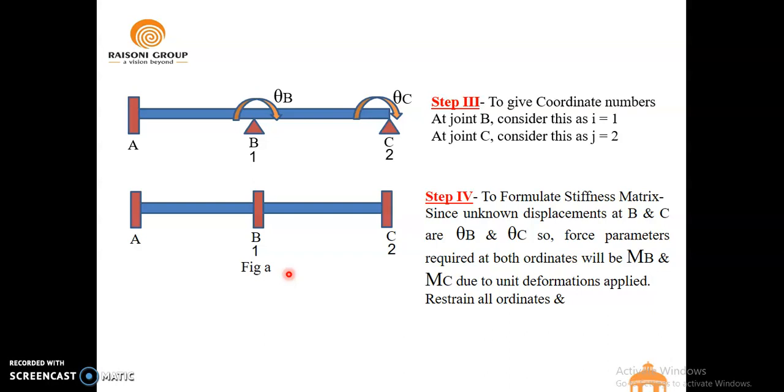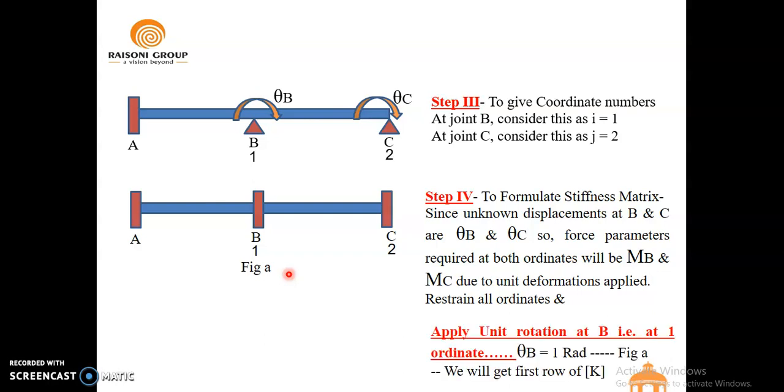Now restrain all the joints as said earlier and apply a unit rotation at joint B, that is, at ordinate 1, where theta B is equal to 1. So our structure will rotate like this. We have assumed the unknown displacement in the clockwise direction. If we get moments in the clockwise direction, those moment values will be positive, otherwise negative.